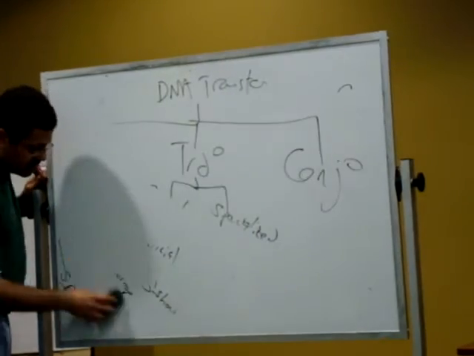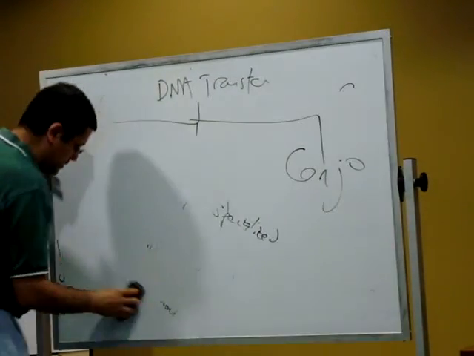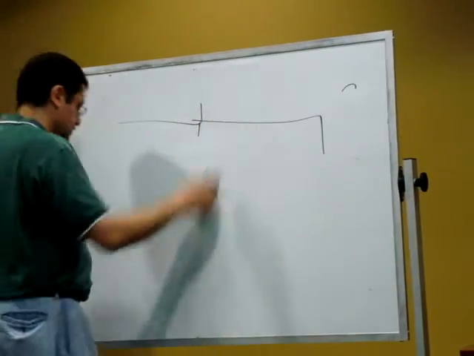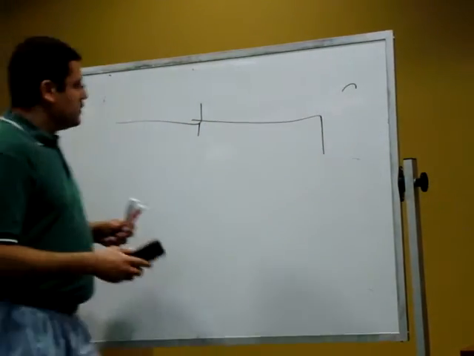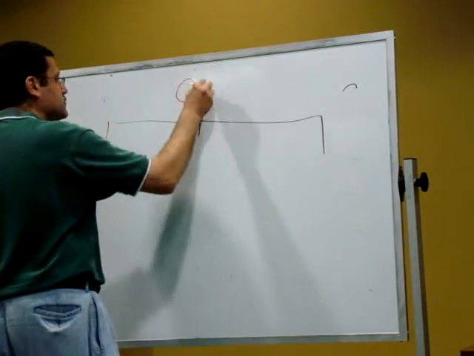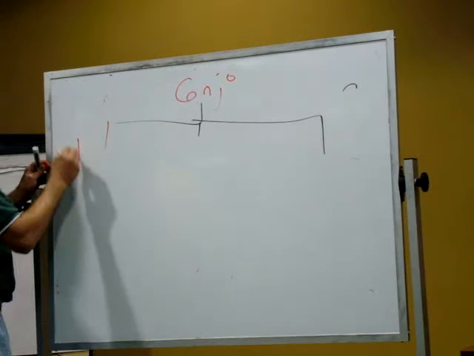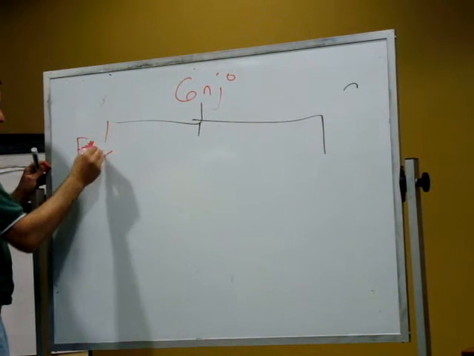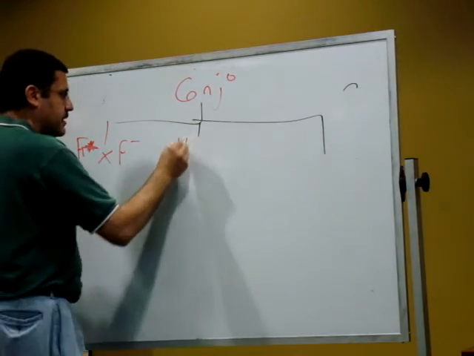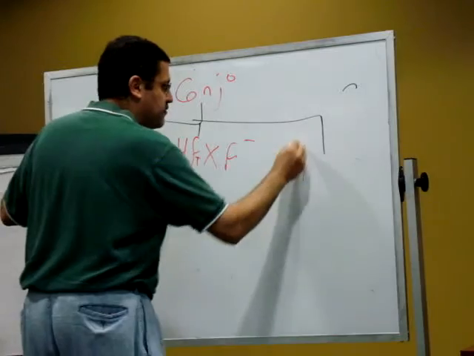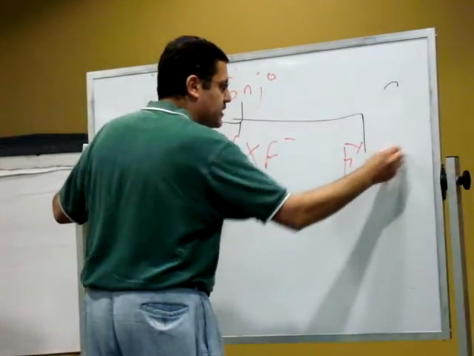Now, conjugation, same thing. We talked about three crosses. F plus times F minus, Hfr times F minus, and F prime times F minus.